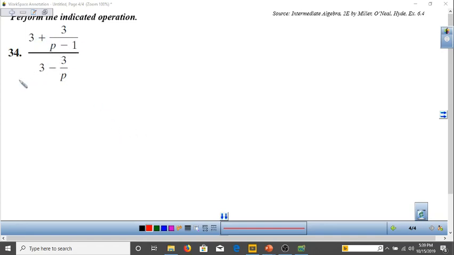Let's first identify our least common multiple of our denominators. So our least common multiple of our denominators, or LCD, is P minus 1 multiplied by P, because that's the denominator here and that's the denominator here.